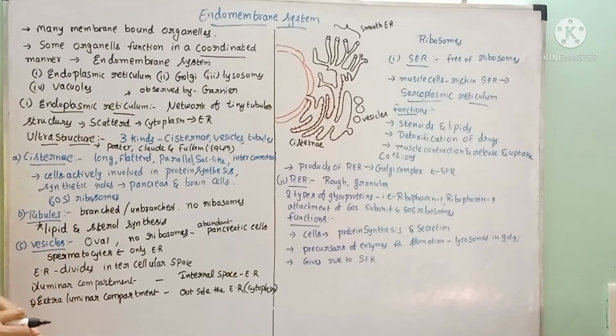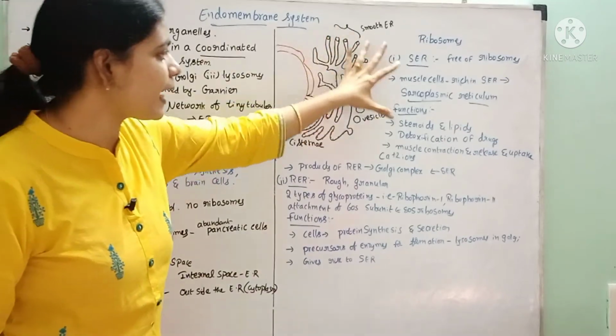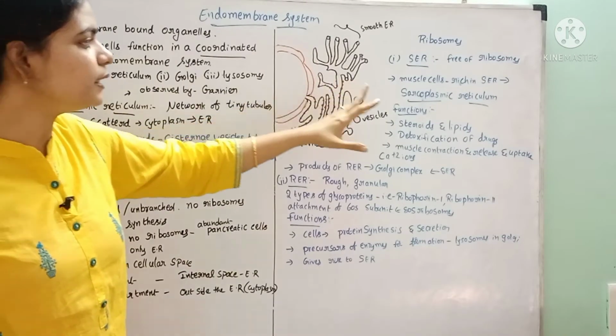The endoplasmic reticulum is a network of tiny tubular structures, right? These are scattered in the cytoplasm, from the nucleus to the plasma membrane.